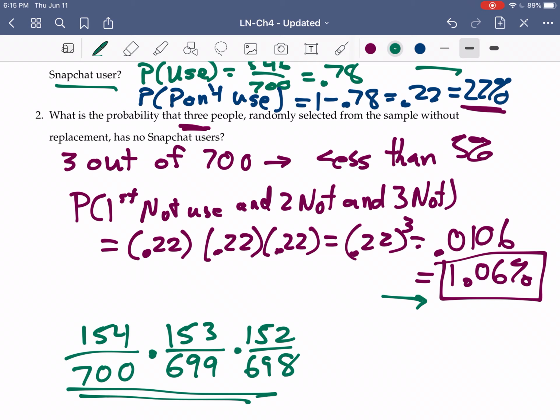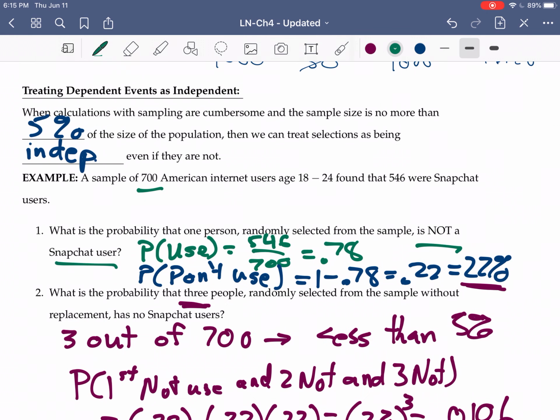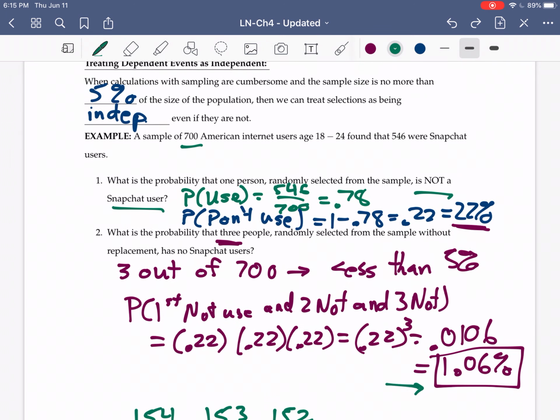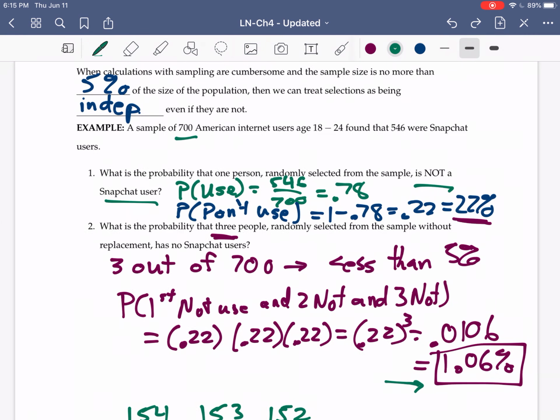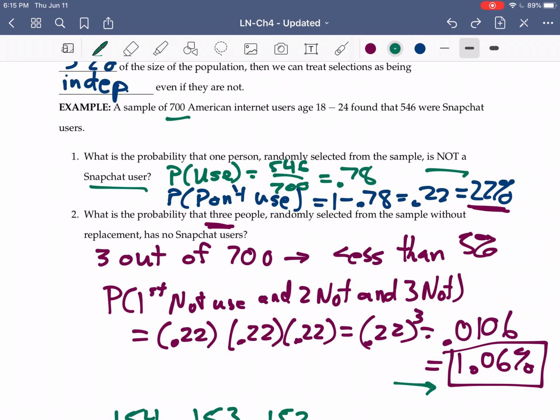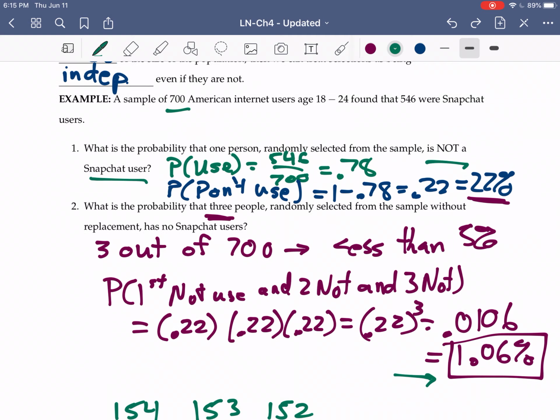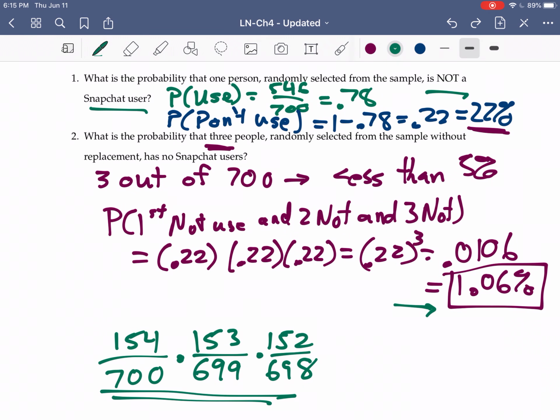It's a decent approximation. Now, it might depend on what setting you're in, if a close approximation is good enough. But for right now, that is what this rule tells us. It tells us that if we have less than 5% of the population, we can treat those events as being independent, which means we can do things like raising to the third power instead of multiplying these three numbers together that are really close but slightly different.